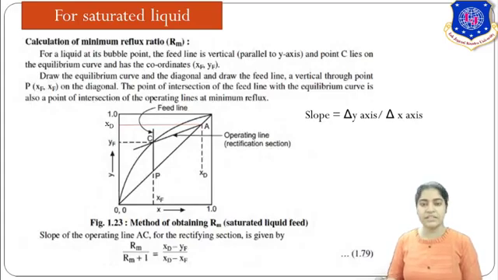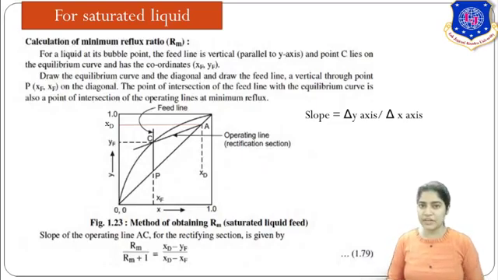From the graph, delta y is xD minus yf, and delta x, the change in x-axis, is xD minus xf. So the slope of the enriching section, Rm upon Rm plus 1, equals delta y upon delta x, that is xD minus yf upon xD minus xf.